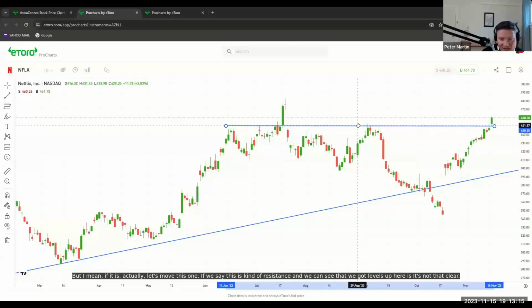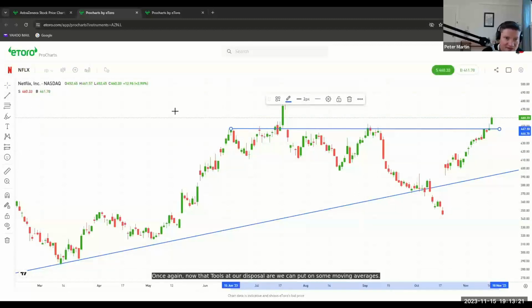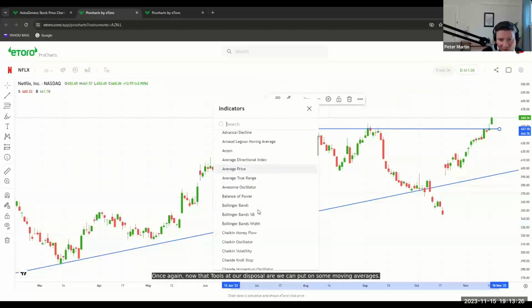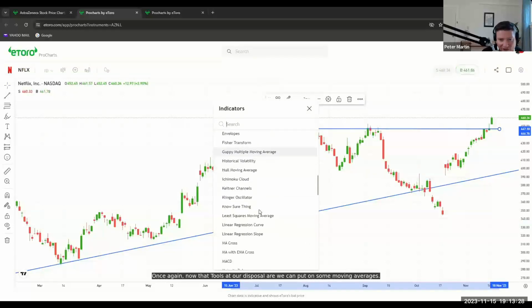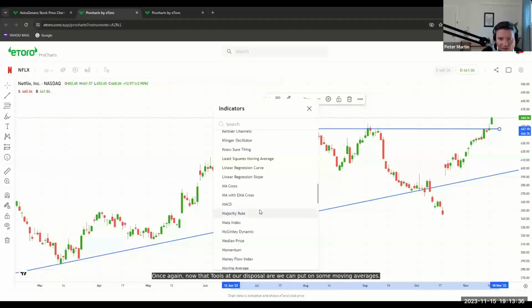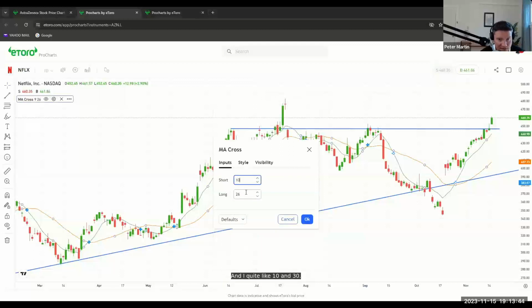If we say this is kind of resistance, and we can see that we've got levels up here, it's not that clear. Once again, other tools at our disposal are, we could put on some moving averages. I'm going to put on MA cross. And I quite like 10 and 30.